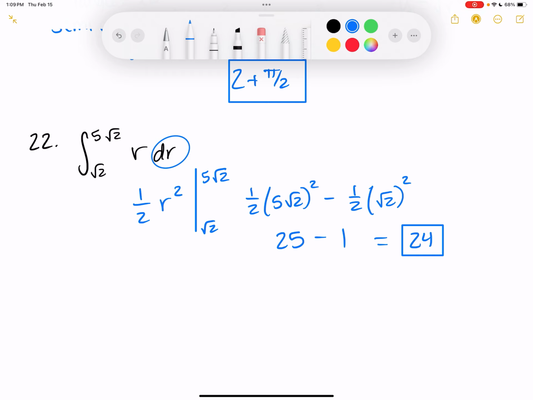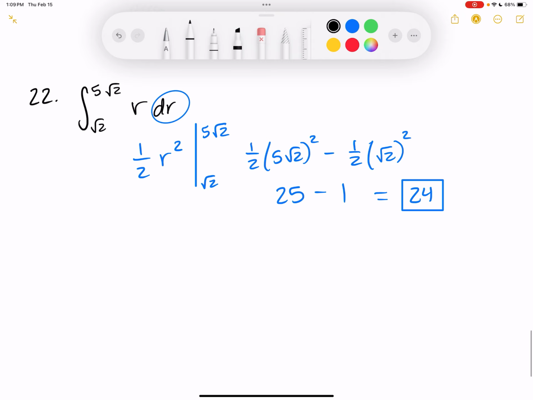Use areas to evaluate the integral. So instead of it giving us numbers to plug in, it gives us like a and b or 0 potentially for some of the problems. So 26, we have the integral from a to b of 3t dt.